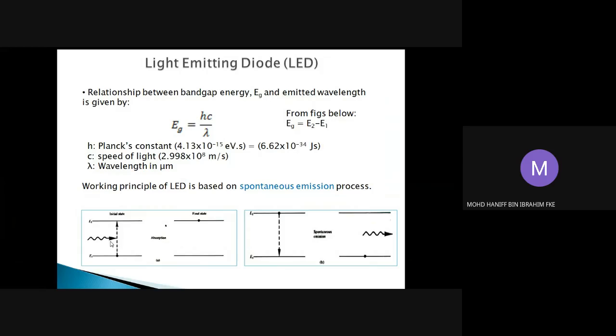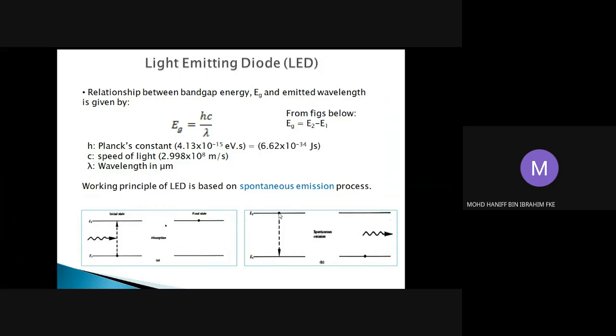The current excites this material, so the electron at the valence band will have enough energy to leap over to the conduction band. This is what we call the excitation process, also known as the absorption process. This is the case when the electrons are located at the conduction band.